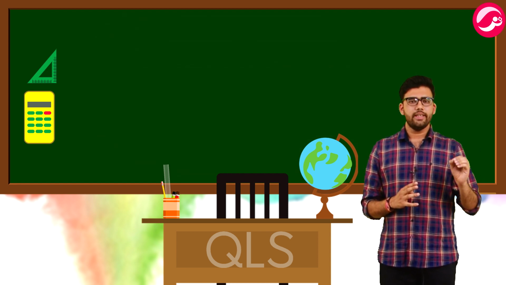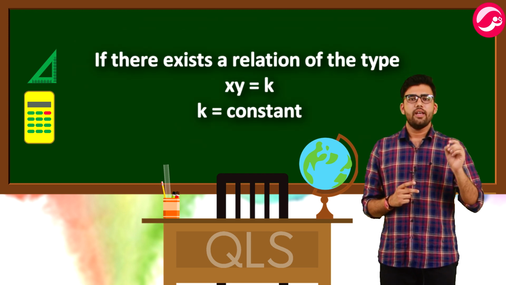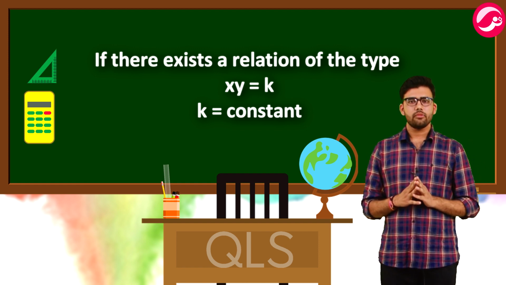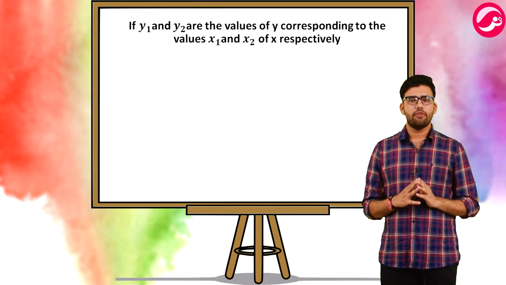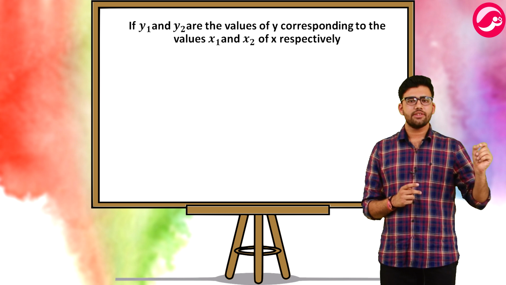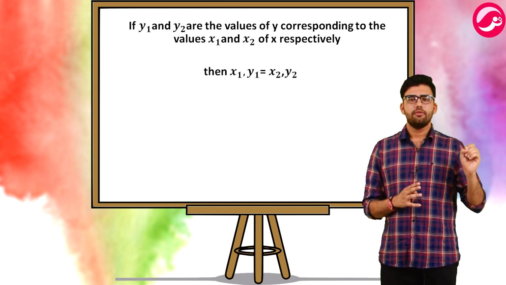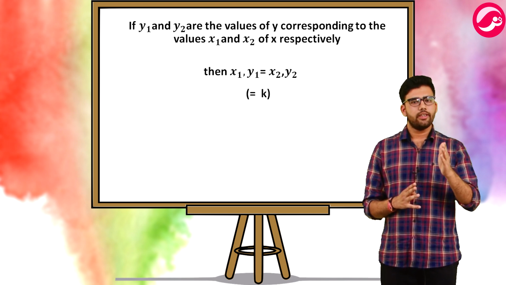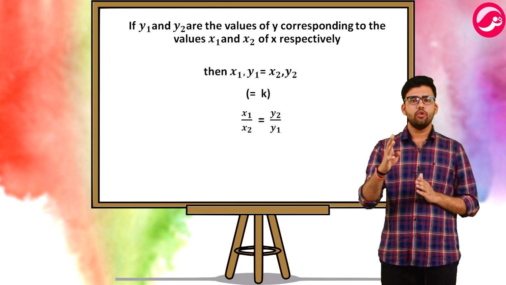Thus, two quantities x and y are said to be in inverse proportion if there exists a relation of the type x into y is equal to k between them, k being a constant. If y1 and y2 are the values of y corresponding to the values x1 and x2 of x respectively, then x1 y1 is equal to x2 y2, that is equal to k, a constant, or x1 upon x2 is equal to y2 upon y1.